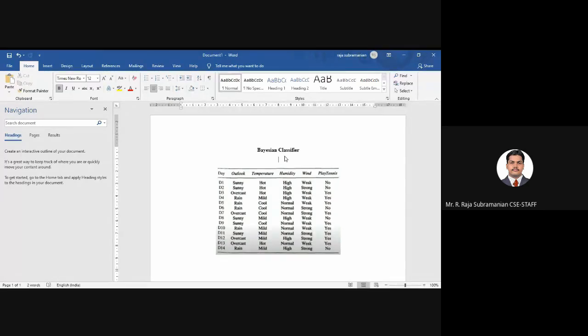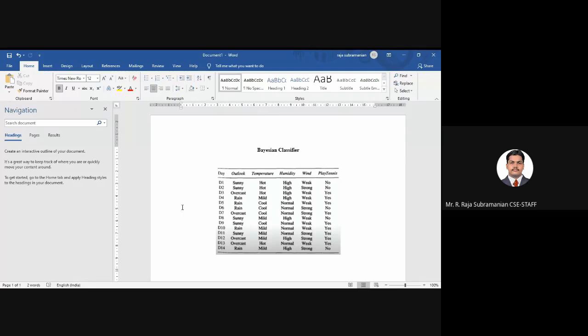This decision tree, hope you remember this particular data set, the most widely used data set for decision tree learning. Now we need to understand what is the relationship between decision trees and Bayesian classifier and how we can do a classification analysis for this particular data set, which we have already done in decision trees.